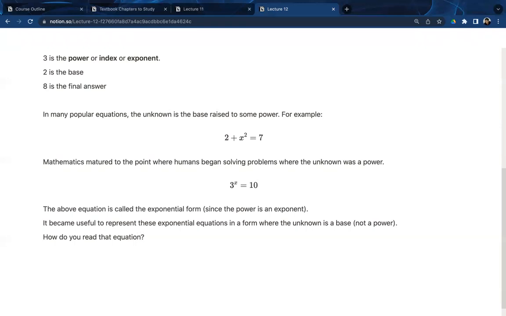So how do you read the equation? 3 to the power x is 10. All right, that's how you read it.